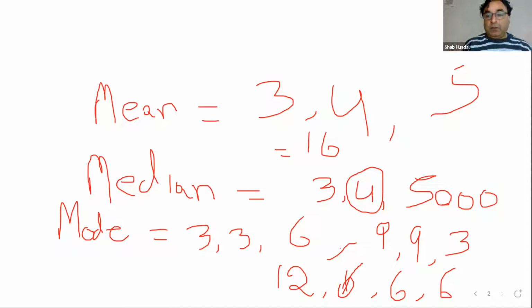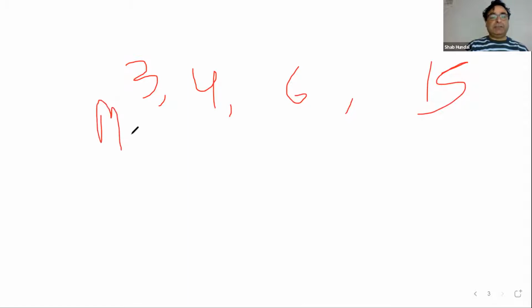Okay. And the range is very simple. But first you need to know the maximum. So for example, we have the data 3, 4, 6, 15. Then the max is 15. The minimum is 3.